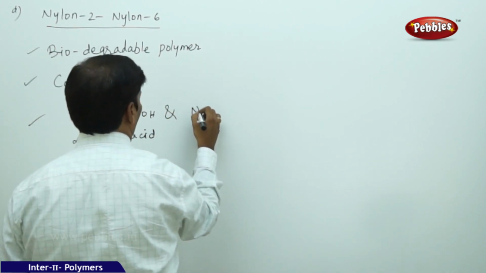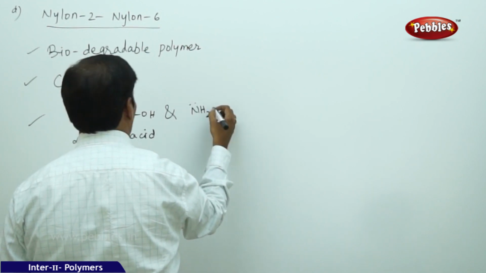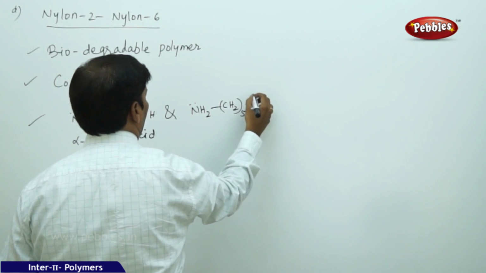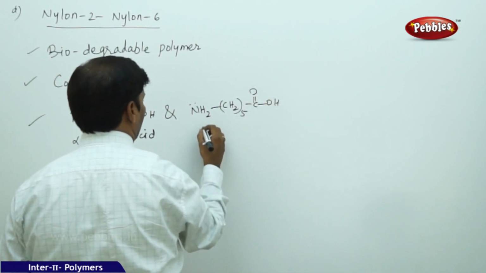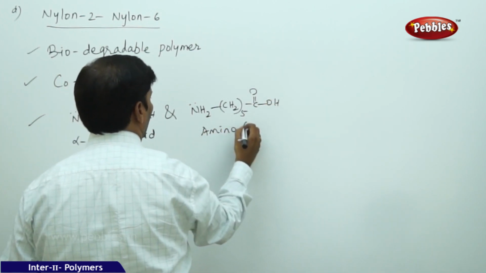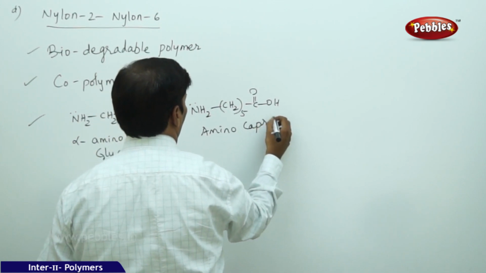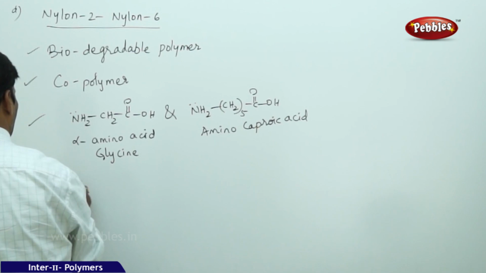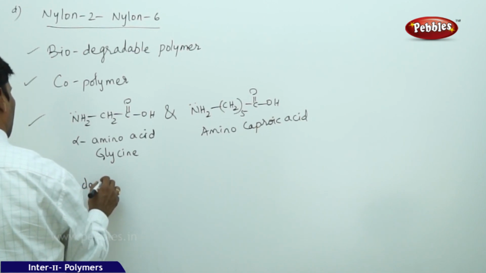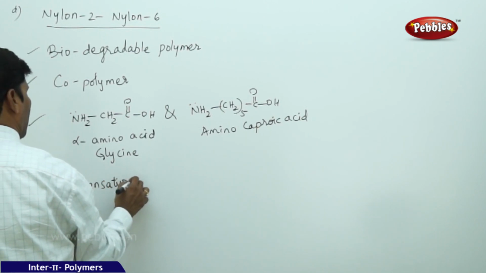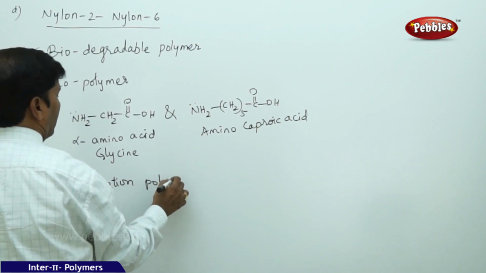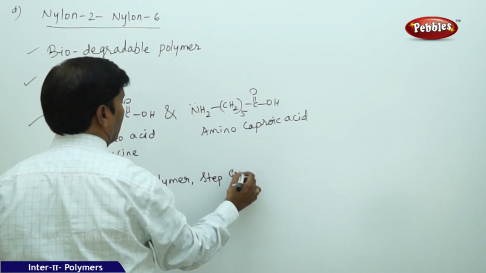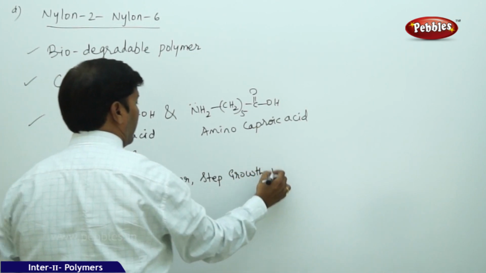You can also take NH2, CH2 taken 5 times, of COOH. This is amino caproic acid. It's a condensation polymer, and also a step growth polymer.